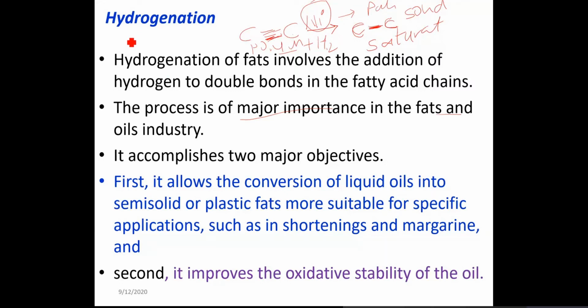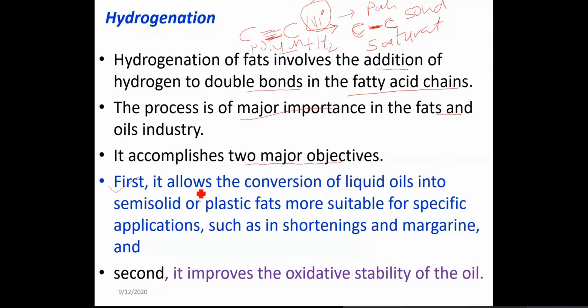So hydrogenation is a process in which hydrogen is added to convert an unsaturated fatty acid into a saturated fatty acid, and there are two major objectives achieved through this process.